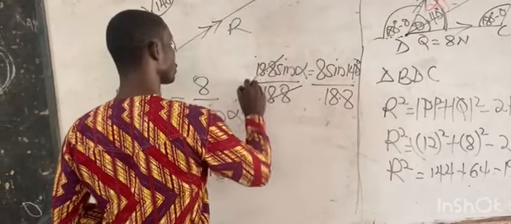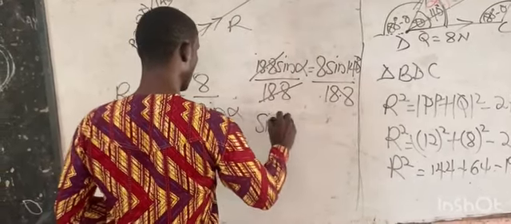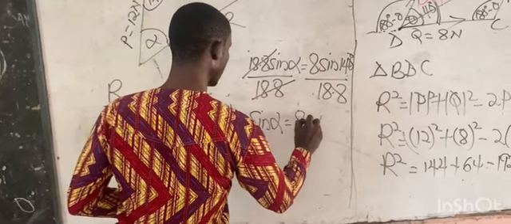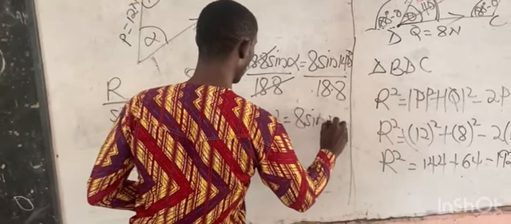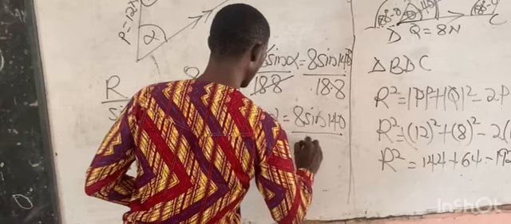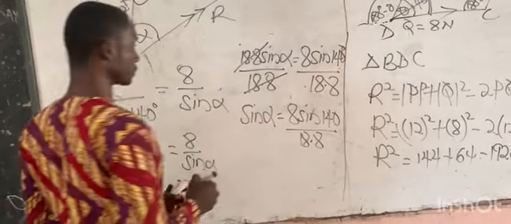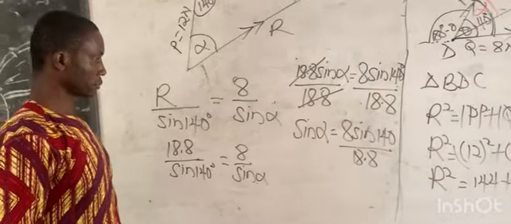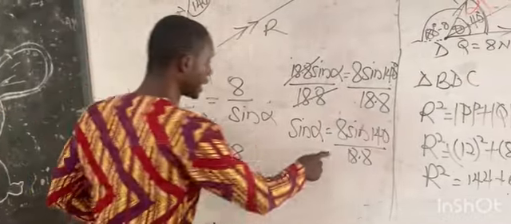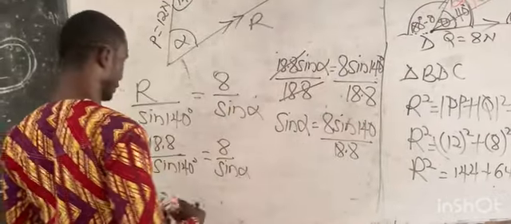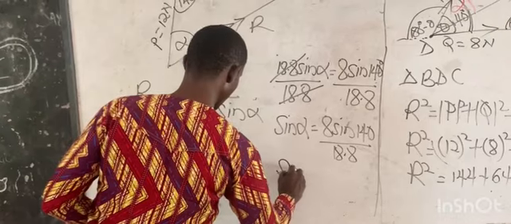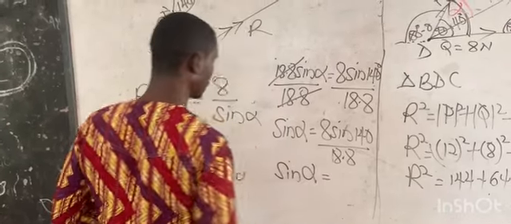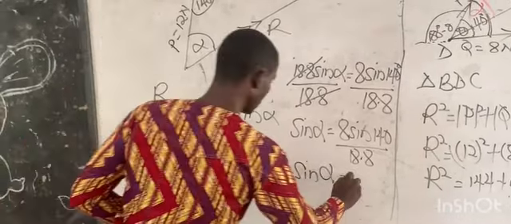This one cancels this. We have sine alpha is equal to 8 sine 140 divided by 18.8. Now press 8 sine 140, 5.142. Then the answer divided by 18.8. So sine alpha is equal to 0.273.